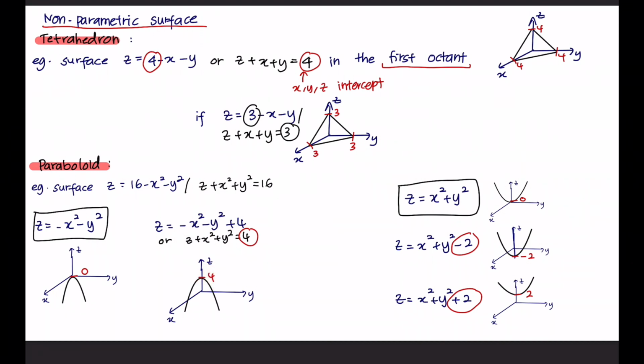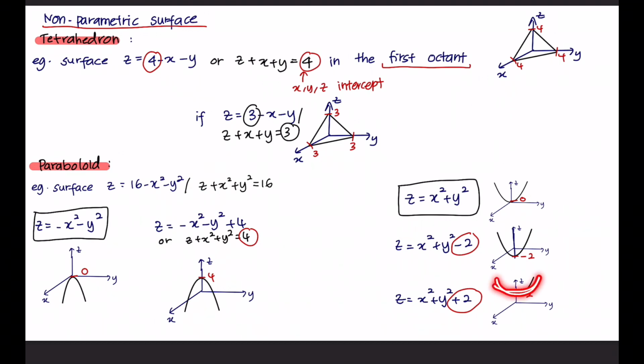If the paraboloid is facing up, we have positive x square and positive y square. For this example, we have intercept 0 here. For this example, we have negative 2 at the back, so the intercept is negative 2, and here positive 2.